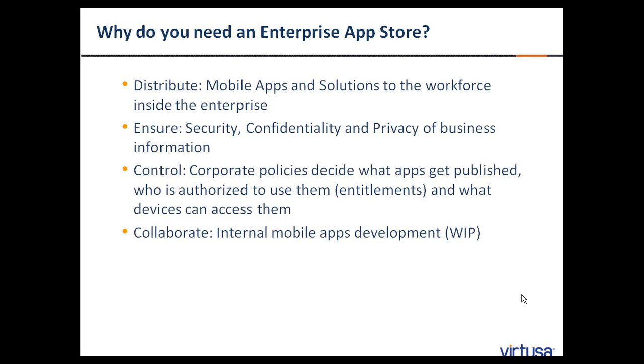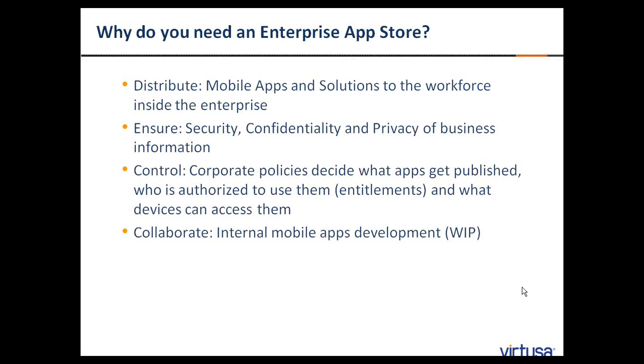The first reason is distribution. Enterprises need a way to centralize the distribution of applications and solutions to the workforce inside the enterprise. So that's the primary reason: distribution. Then, apart from distribution, they need to ensure security, confidentiality, and privacy of business information.